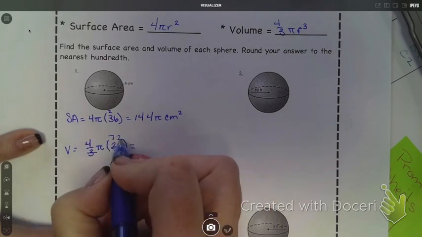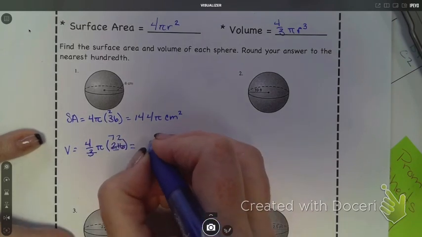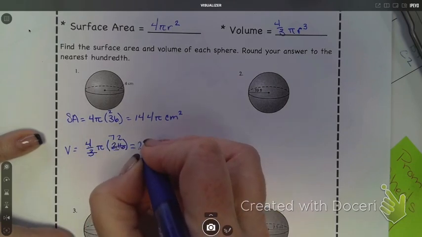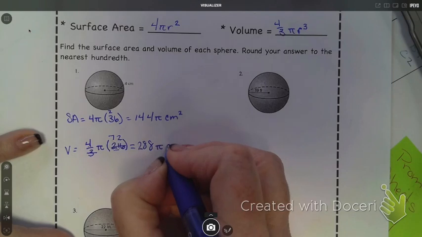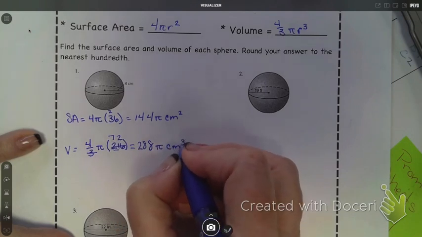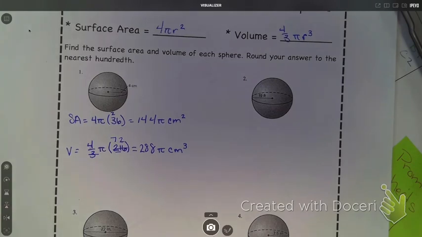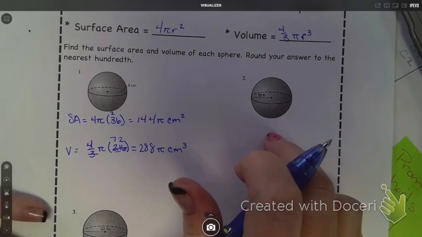So 4 times 2 is 8, and 4 times 7 is 28, so 288 pi centimeters cubed. I think we did that kind of fast, but I don't know how to slow it down, because all you're plugging in is what? R. Okay, so you want to try this one on your own?